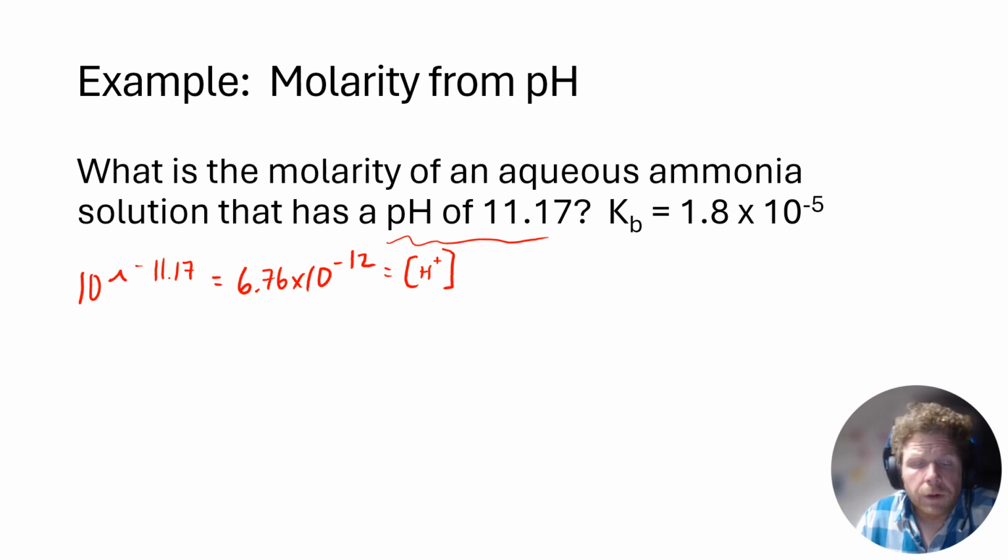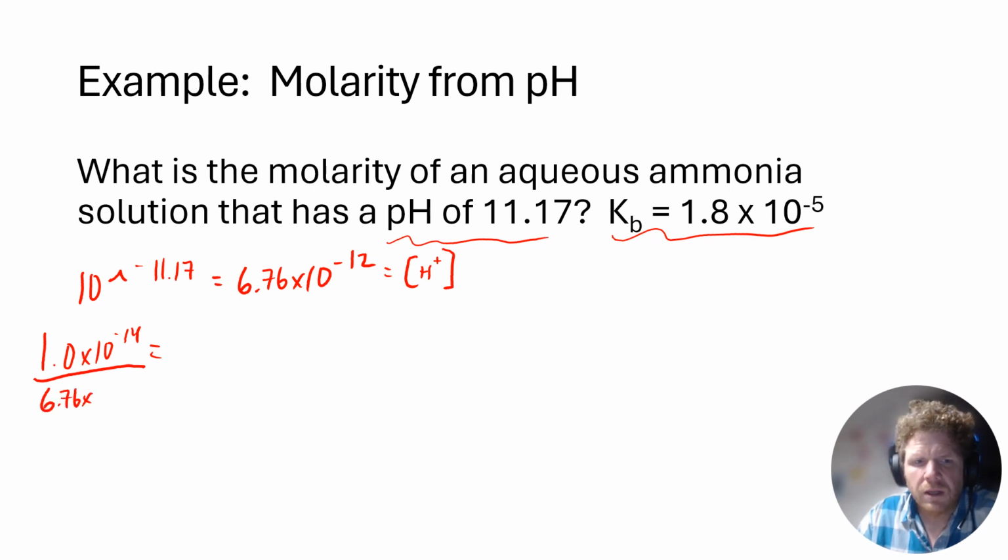Where I want to go with this is, well, what is my OH concentration? Because that's what's going to be most helpful for my Kb. What I can do now is say 1.0 times 10 to the negative 14th is equal to, and I'm going to skip a step a little bit, I'm just going to take my hydrogen ion concentration, 6.76 times 10 to the negative 12th, times my OH concentration.